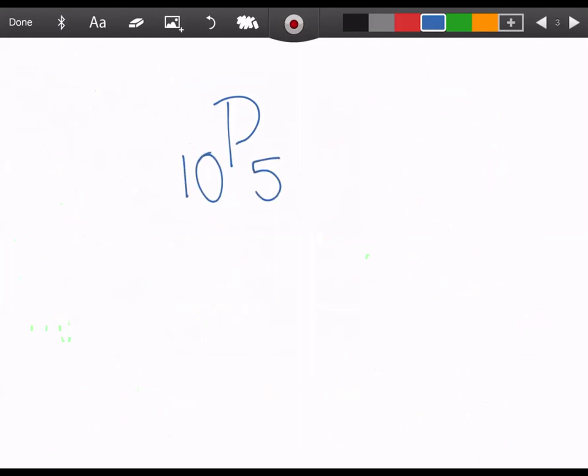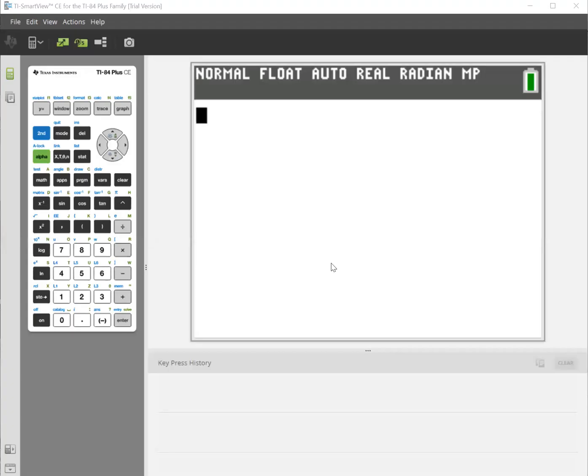Get your graphing calculators out right now. You can also use a scientific calculator. It just will look different. Okay, so we have our blank calculator screen here, and first we're going to type in 10.